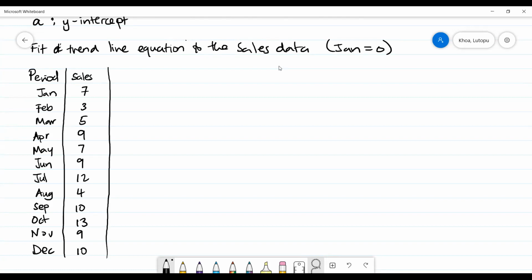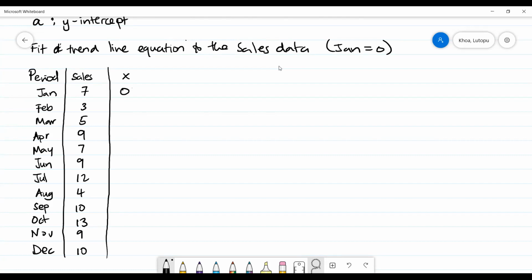Now we are going to code them. Our time periods are going to be X, but instead of January, February, and so on, we call January 0. So I'm going to have another column with X, and January is 0 because that is what the question says.